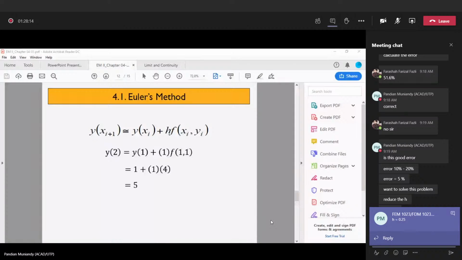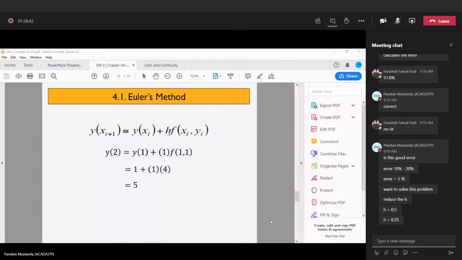So when h is 0.5, your x0 is 1, x1 is 1.5, x2 is 2. When your h is 0.25, your x0 is 1, x1 is 1.25, x2 is 1.50, x3 is 1.75, x4 is 2. So you have to do 4 iterations.